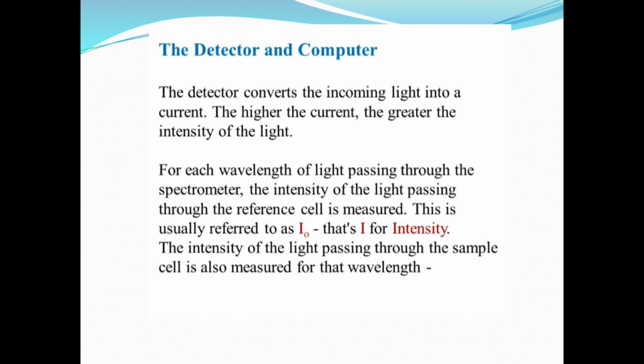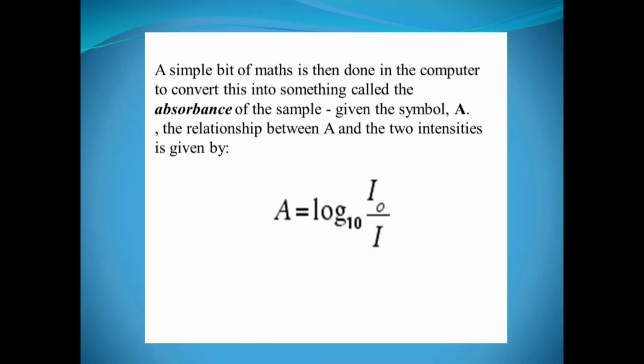The intensity of light passing through the sample cell is also measured for that wavelength, called I for intensity. Then a bit of maths is done in the computer to convert this into something called the absorbance of the sample, given the symbol A.